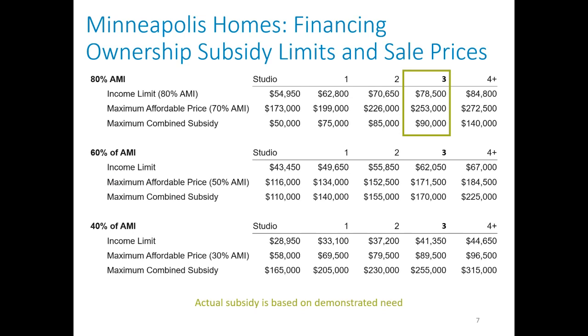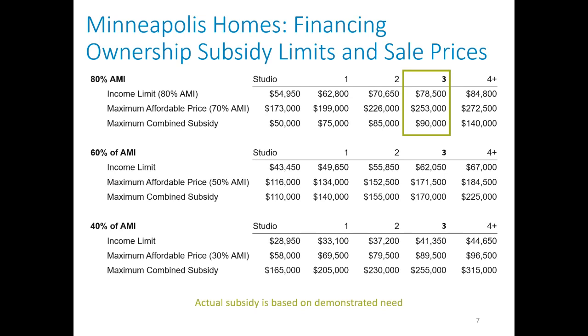Subsidy amounts can range from as low as $50,000 for a studio serving an 80% AMI household, and can go to as much as $315,000 for a 4-bedroom or greater size unit serving a 40 AMI and below household.